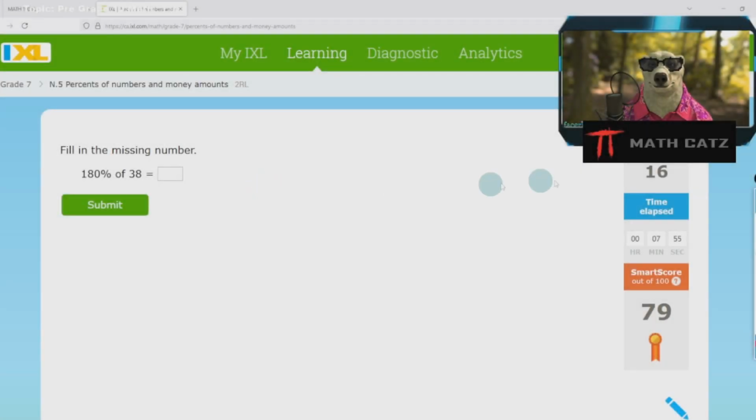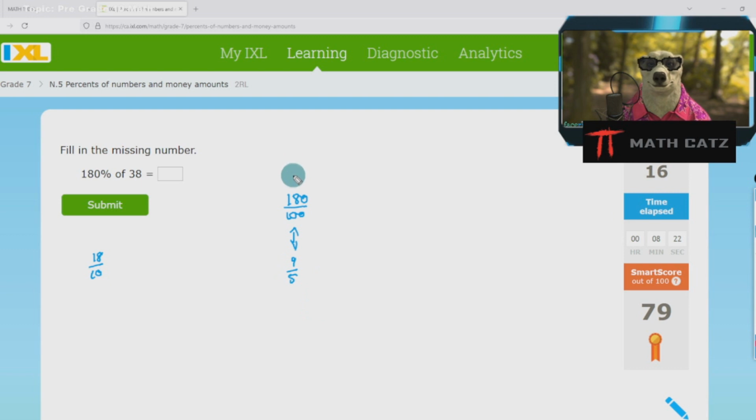Fill in the missing number or just calculate. 180% of 38. So now I can view that 180% as 180 over 100. I can view it as a simplified fraction, which I'll scribble over here, which will be 18 over 10. I can go further, dividing both by 2 to get 9 over 5.